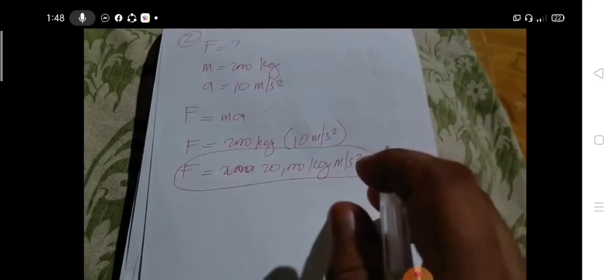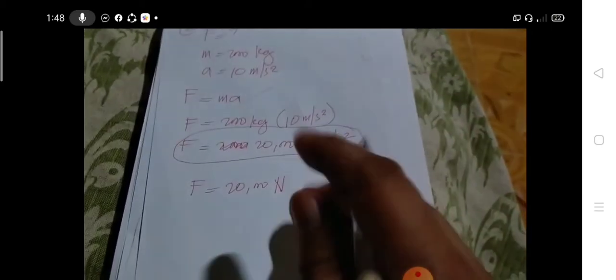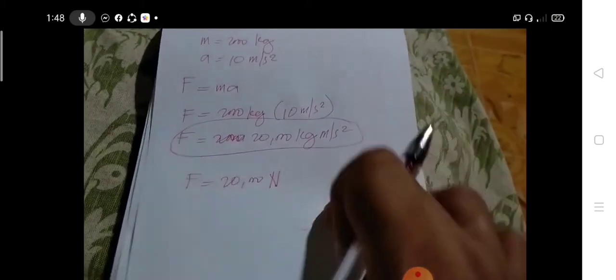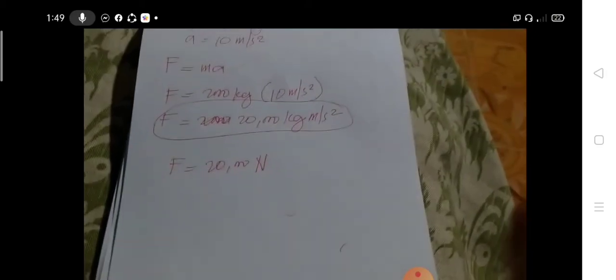So this is the answer, 20,000 kilogram meter per second squared, and also the force is 20,000 Newton. Always remember that 1 Newton is equal to 1 kilogram meter per second squared. Okay, that's it.